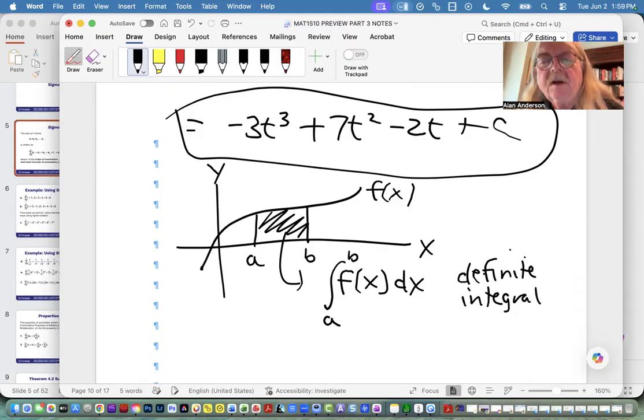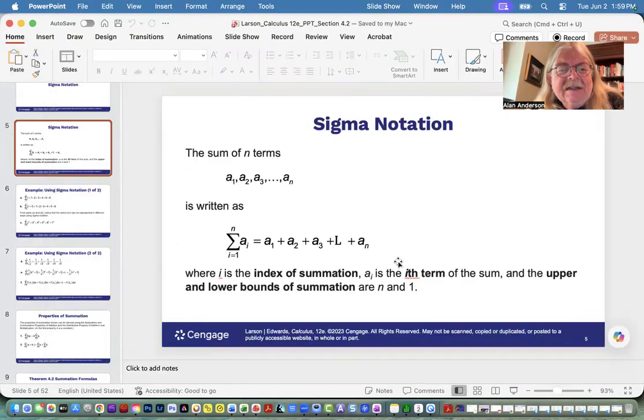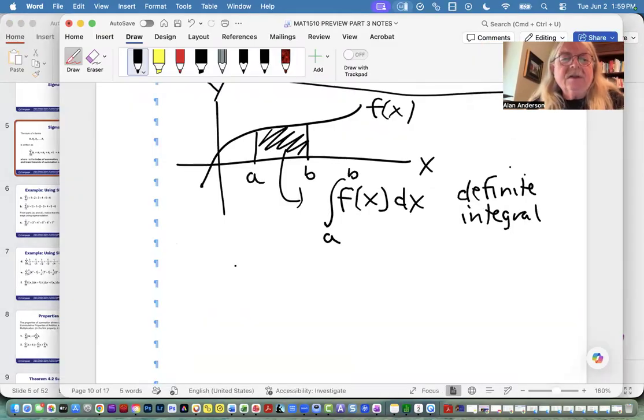The reason why they're all of a sudden talking about area is because they're building up to the idea that the area under the curve is nothing but the integral of the function between those two points. So it's important that we understand what area means. All right, here we go. So we have terms, some kind of sequence.